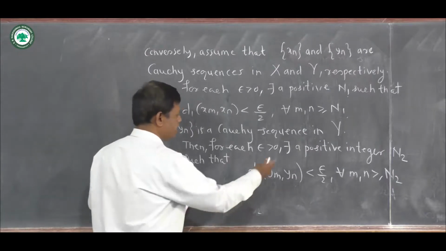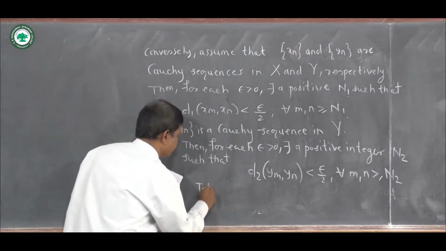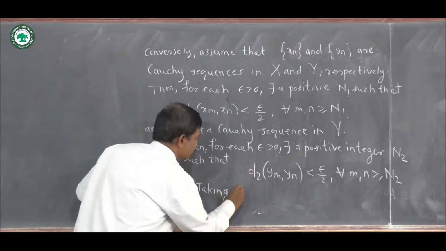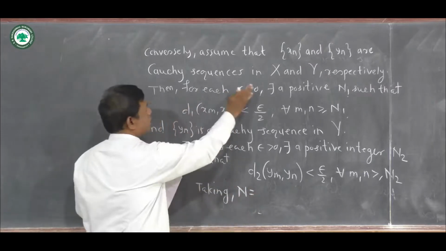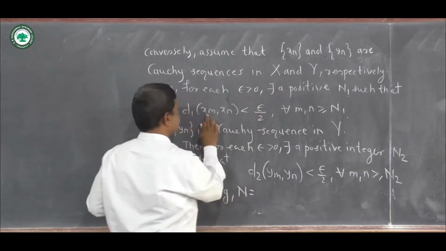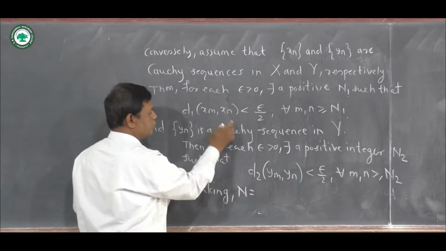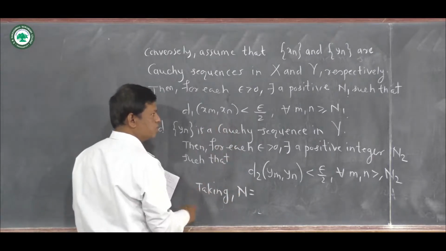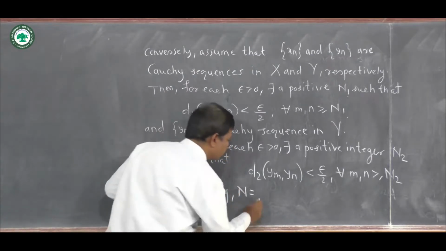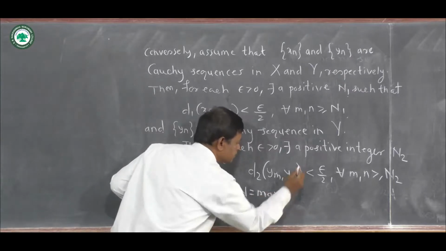Now we want to show that (xn, yn) is a Cauchy sequence in the product space. So for that we are going to use this N1 and N2.